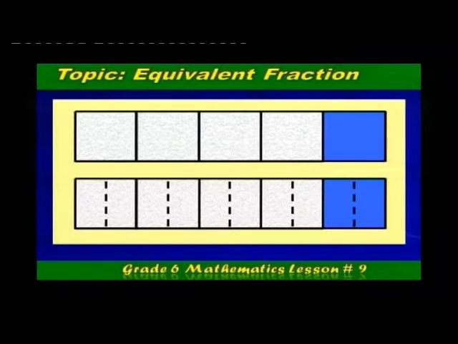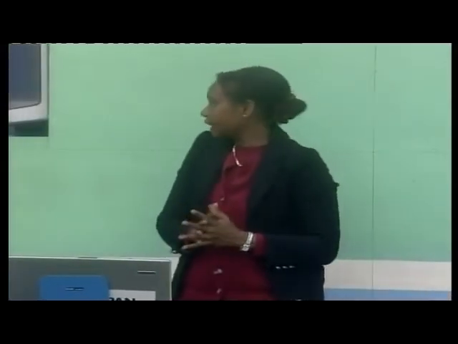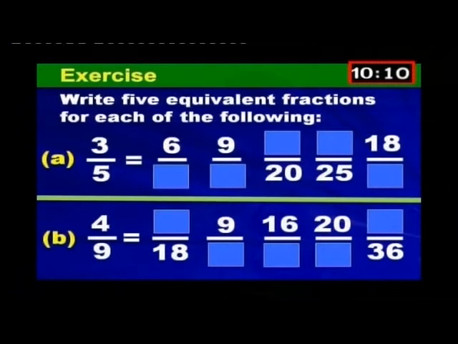Okay, you have an exercise that you are going to work on in your groups. You are going to work in groups to complete these 2 exercises in order for you to help your other friends. I would like you to write 5 equivalent fractions for each of the following. 3/5 equals 6 over a blank box.